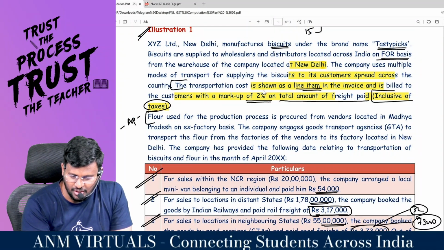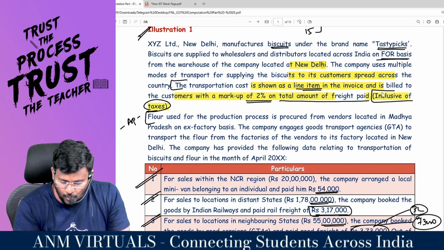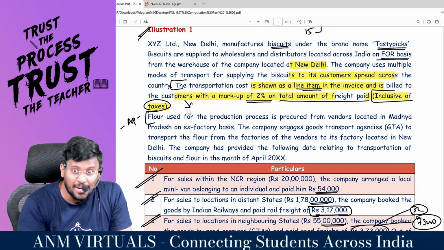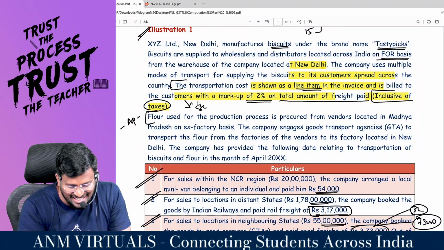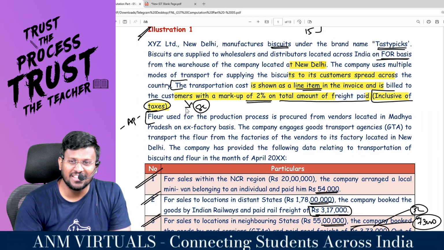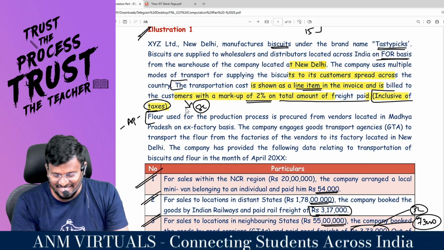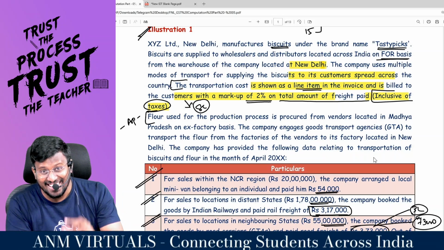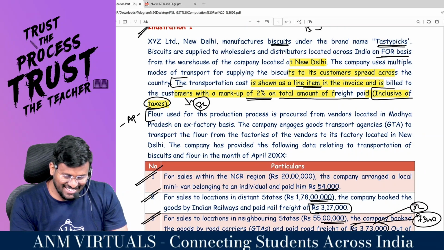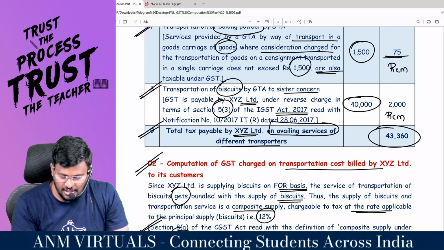The transportation cost is shown as a separate item in the invoice and billed to the customer. So the sister concern we are assuming is not a customer. That's what they are explaining, my dear lovable students. That's it.